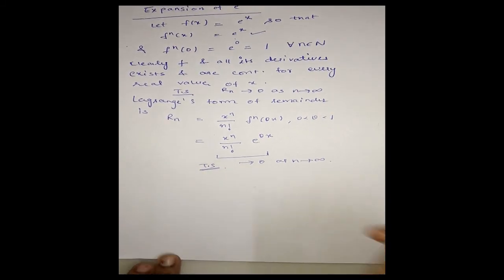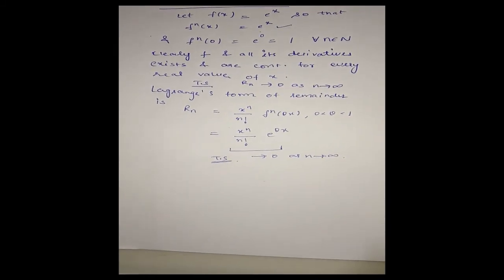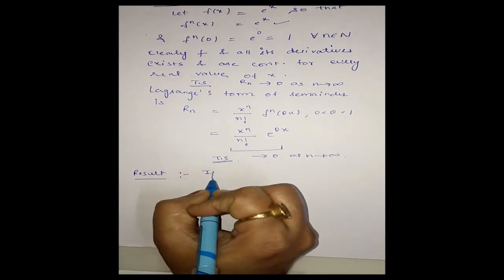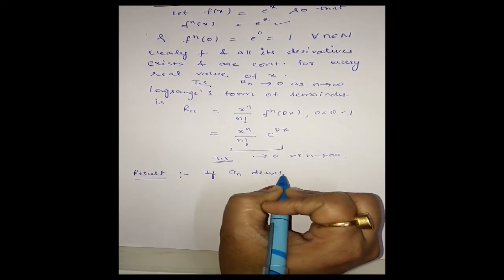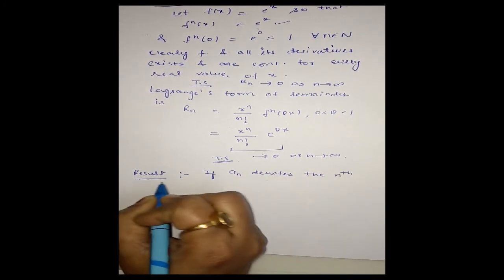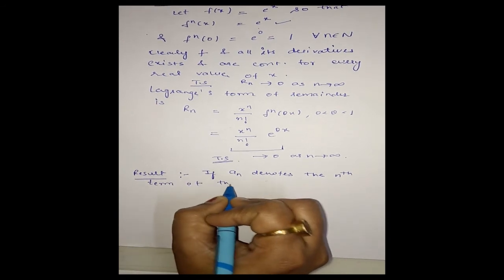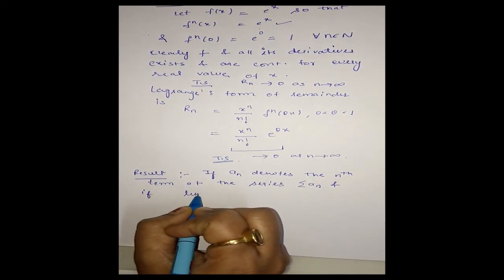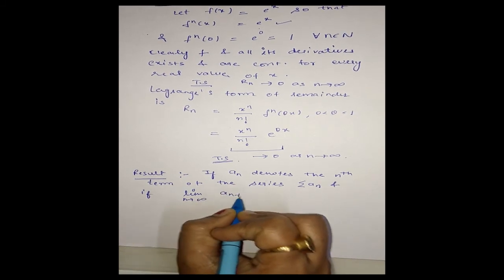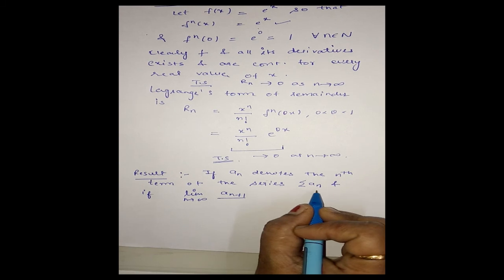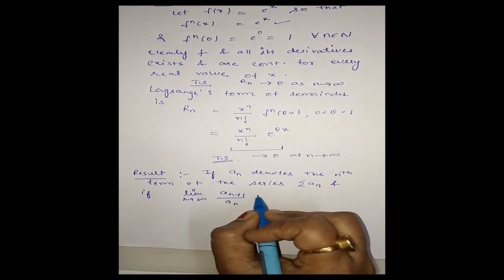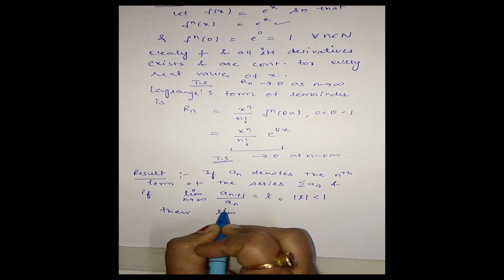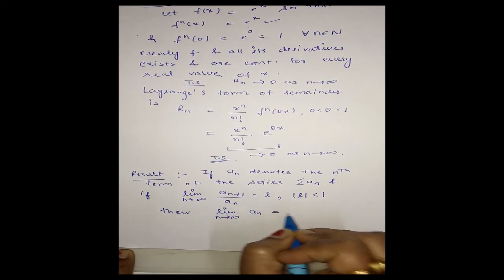Now for this, we will use a result. The statement of the result is: if an denotes the nth term of the series, and if the limit as n tends to infinity of a(n+1), where a(n+1) is the (n+1)th term of the series, divided by an is equal to L, where mod L is less than 1, then the limit as n tends to infinity of an is equal to 0.